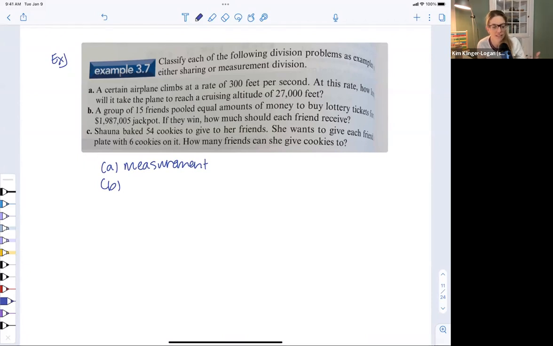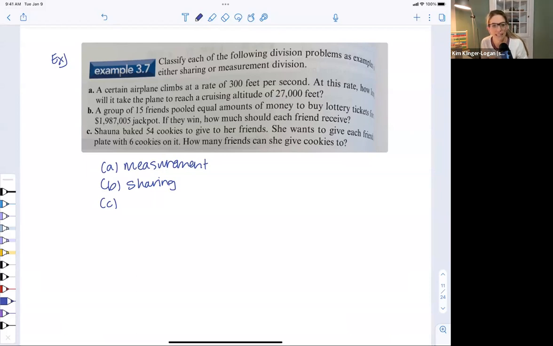You might think of taking $1 and giving it to each friend 15 times and then starting over until you run out of money, and then seeing what each friend has. This is an example of sharing division as opposed to measurement division. I'm not going to measure this out because I wouldn't know how much to measure for each friend before doing the division.